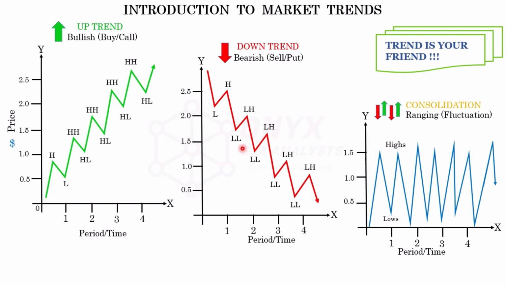And in a downtrend, since our friend here says trend is our friend, then it means we do not have to violate the trend. We have to go in the direction of the trend. By that, I mean in the downtrend, we are going to focus only on sell. So here at this level, we are going to look for whatever reason that will give us a chance to sell. Then we sell. As the market drops, we make money.